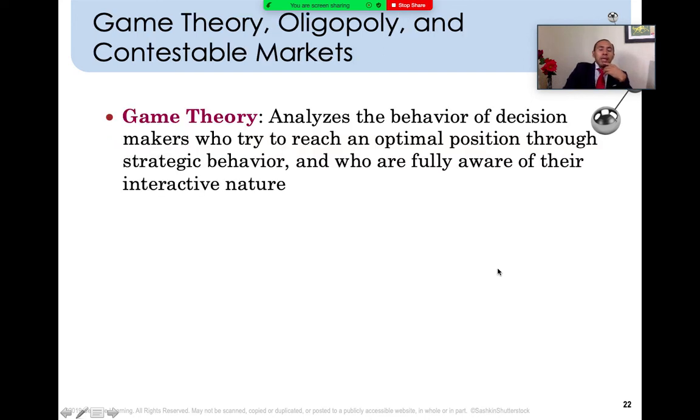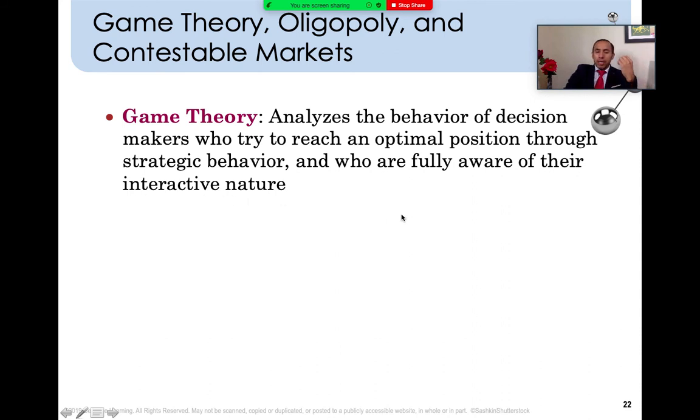So when we're looking at analyzing oligopoly, we can analyze oligopoly through what is called game theory analysis. Game theory analysis was introduced in Princeton by a mathematician, and analyzes the decision making process of individuals and firms, and how to make optimal decisions through strategic planning, through the consideration of interdependence, and also through analyzing the self-interest behavior of people that are fully aware of their interactive nature.